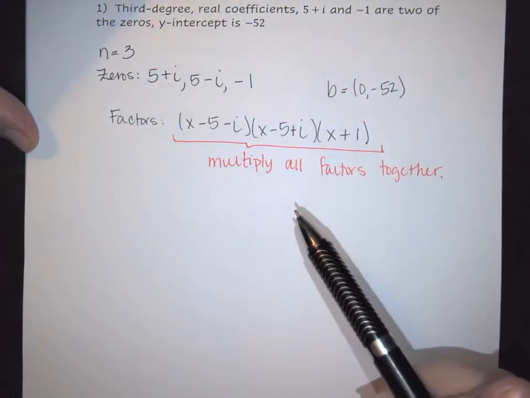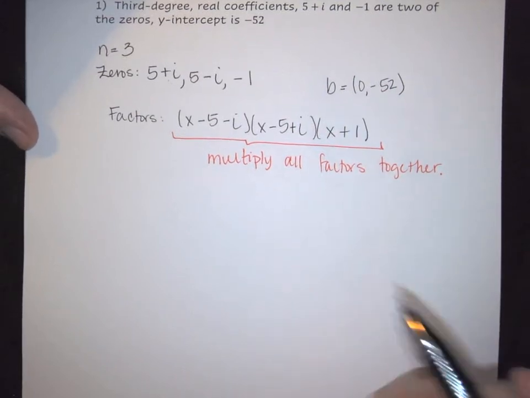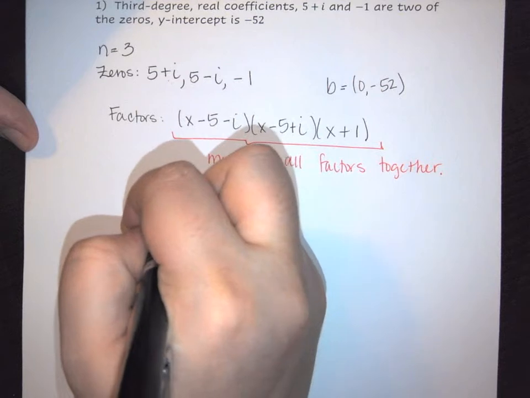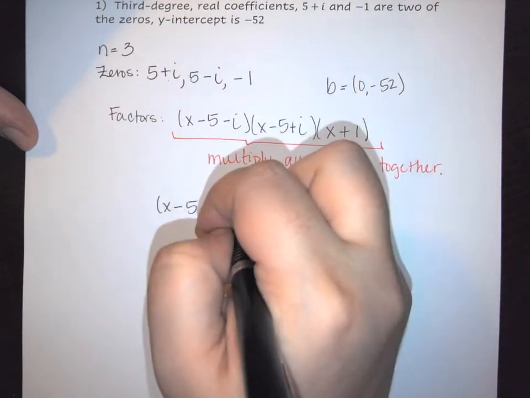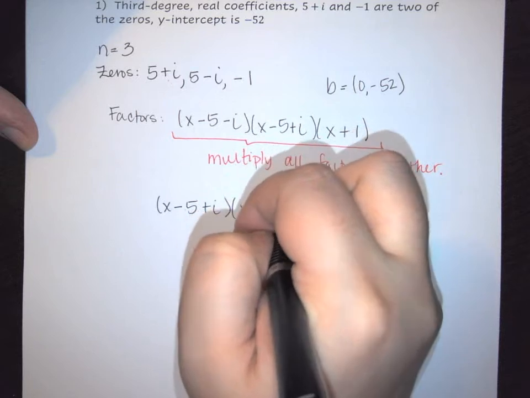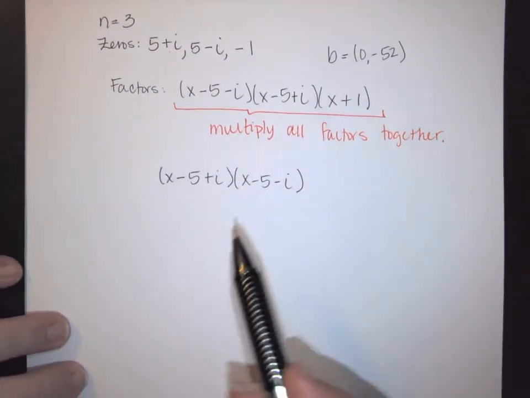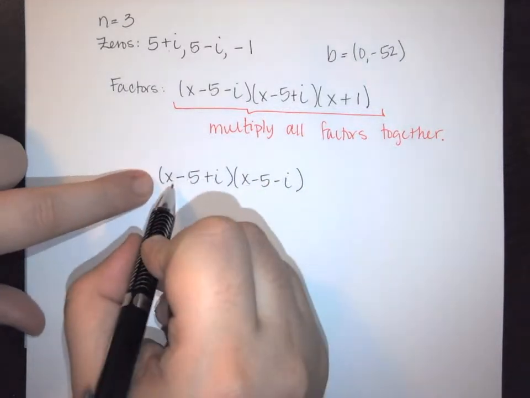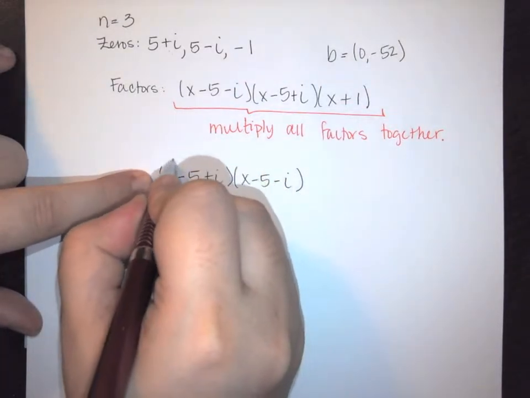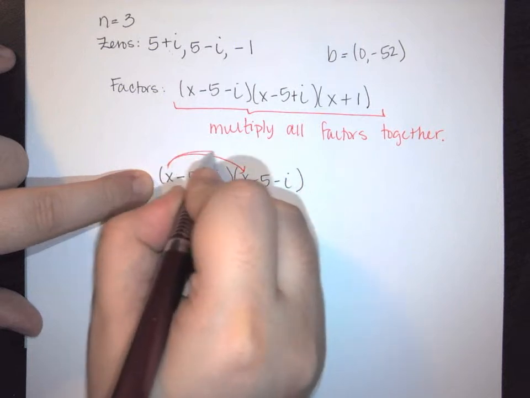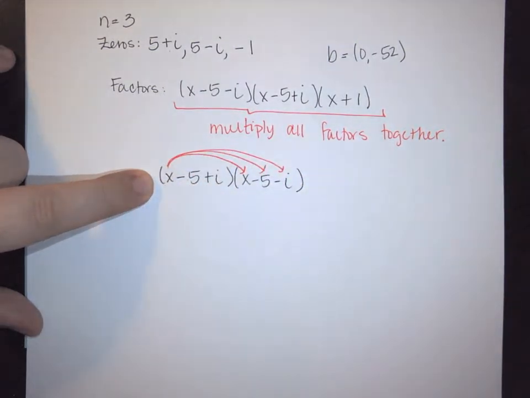So the easiest thing to do is to pick two of the factors that you want to work with and use them. So for example, we could use x minus 5 plus i and x minus 5 minus i. And we can do those so we can deal with the complex idea. And so to multiply them together is exactly as you would think. You're going to take your first and you're going to distribute it into your second.